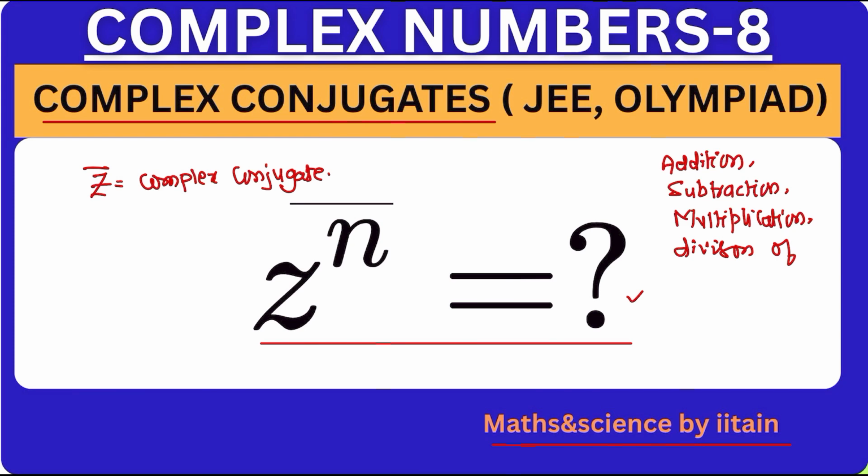Now, we will move further. What is given here? Let Z be equal to x plus iy, a complex number. Original complex number given. How do you represent it geometrically?